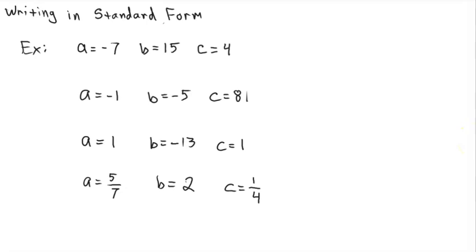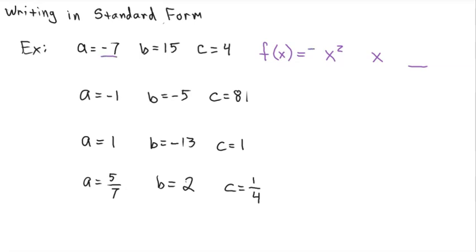Okay, now let's say that we know A, B, and C, and we want to be able to write a quadratic function in standard form, okay? So what we're going to do is write f of x equals, so basically we're going to have an x squared term, then we're going to have an x term, and then we're going to have a constant right here, okay? And in front of the x squared is going to be our a term, negative 7.